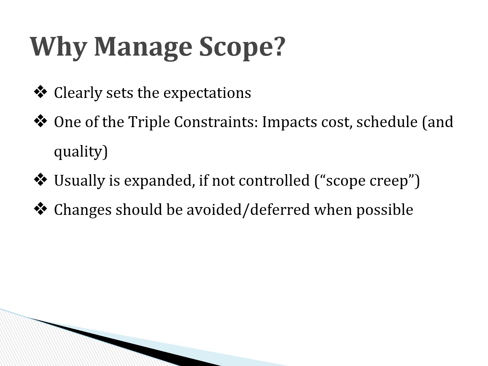Well, scope establishes expectations for the project among stakeholders. So it's important to establish clear and realistic expectations. Keep in mind that scope is one of the triple constraints, along with cost and schedule, that impact the quality of the project. If we don't manage scope, it is very possible, and it often happens, that scope expands.